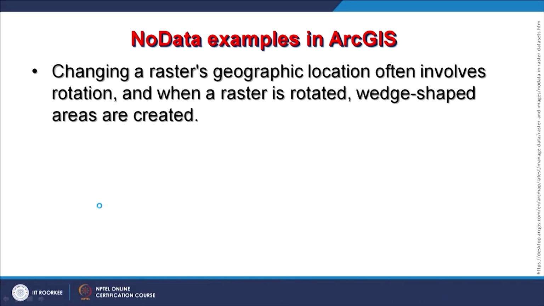And changing a location in the raster, like georeferencing, when we do the georeferencing and after resampling, when there is a change in the data, it means there is a change in scale, there is a rotation and there is a warping, or it is fitting the surface.